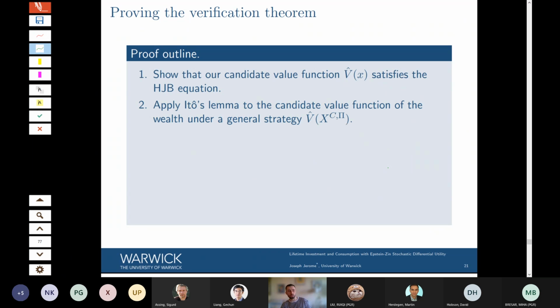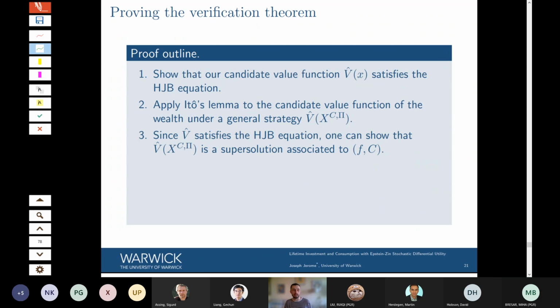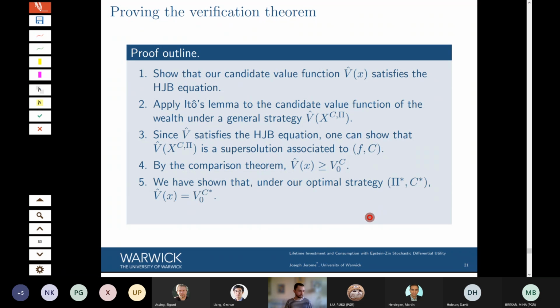Apply Ito's lemma to v hat of your wealth process x, and you're going to find that because it satisfies the HJB equation, v hat of x ends up being a supersolution associated to the pair F, C. And because it's a supersolution, we have that at time 0, v hat of x is greater than or equal to v naught of c, because v naught of c is just a utility process, which is a subsolution, and we just use the comparison theorem.